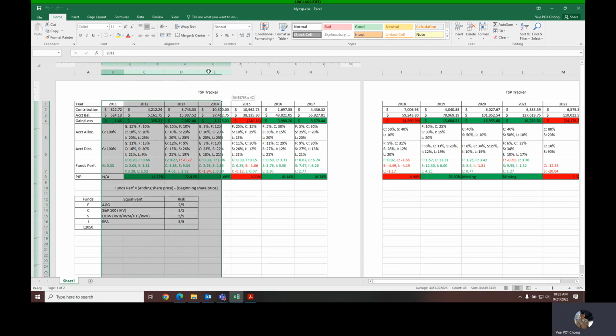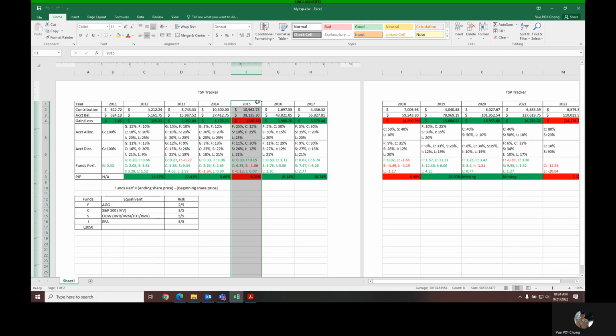So from 2011 through 2014, we're all green. Gained back 300, 200, or 2 grand and 1 grand. Even though the I funds lost $1 per share and the F funds lost 27 cents a share, I'm still in the green. Now, 2015, everybody lost, right? We had a small market crash, and I've contributed 10 grand, but I lost 240 bucks because of the S and the I funds and the C funds losing per share.